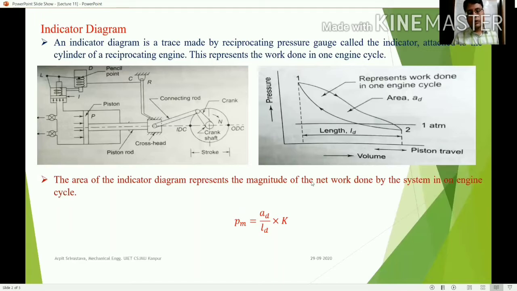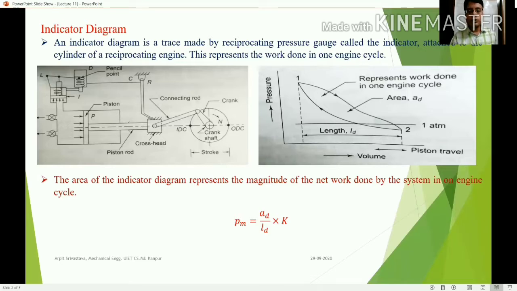So if we want to calculate mean effective pressure, the expression is AD upon LD multiplied by K. You will study this topic deeply in IC engine, which you will learn, I think, in the fifth semester.